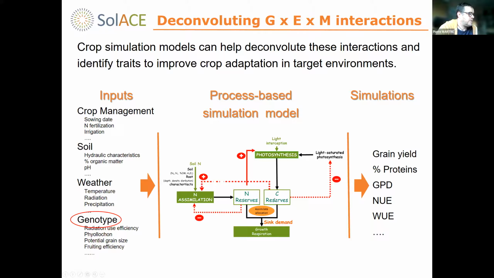But if you have accumulation of carbon, that will have a negative feedback on photosynthesis. On the other hand, the carbon reserves will have a positive feedback on nitrogen assimilation and on root growth. And nitrogen acts the other way around: when you have plenty of nitrogen in the soil, or you have reduced growth, you will start to build up nitrogen reserves, which will stimulate photosynthesis, but then there will be a downregulation of the assimilation by the nitrogen reserve.